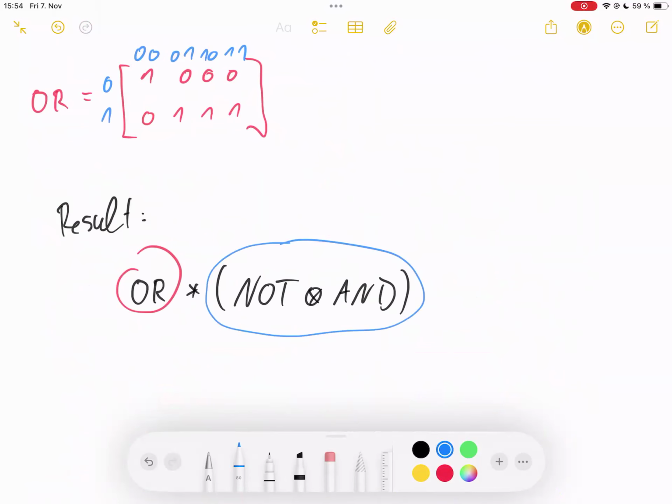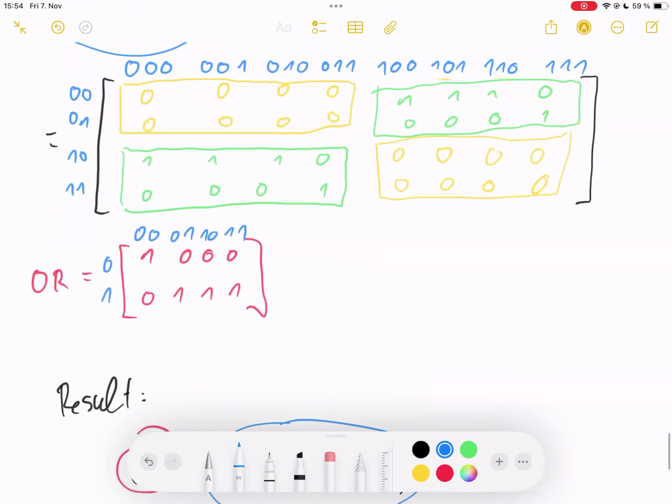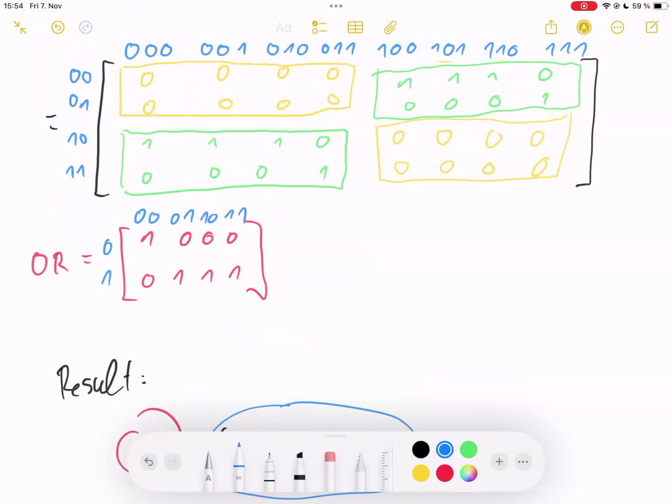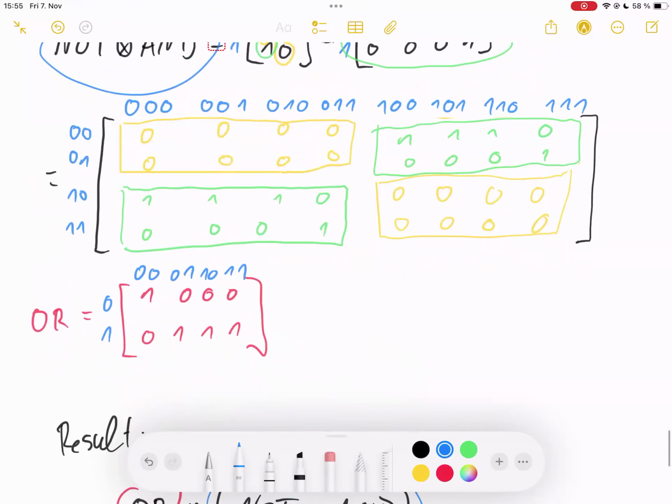So what I need to do is I have my OR matrix, and I have the intermediate matrix here in blue, and I need to multiply them.